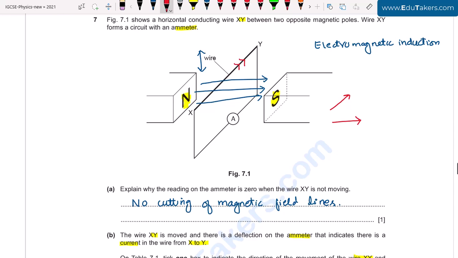So here I use the flaming rule. I write here flaming rule. For the application of flaming rule, I use my hand in such a way that my thumb, first finger, that means the middle finger, and second finger, all three are perpendicular to each other, and thumb indicates the direction of movement of wire.